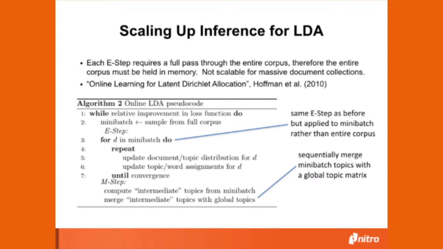You can solve this problem by transforming this into an online learning problem. So this was done in a 2010 paper called Online Learning for Latent Dirichlet Allocation. So basically in the E step, instead of iterating over your entire corpus, you could actually just sample a mini batch of documents from your full corpus and perform the E step on that.